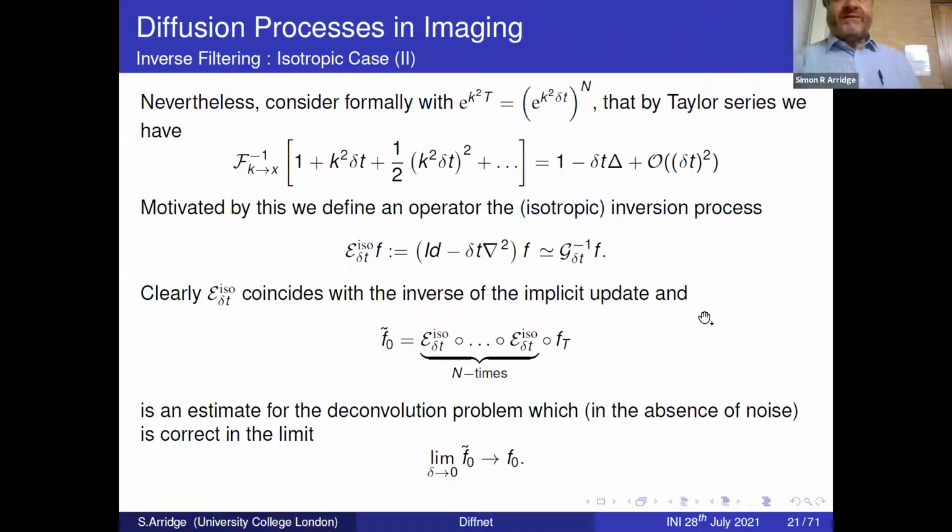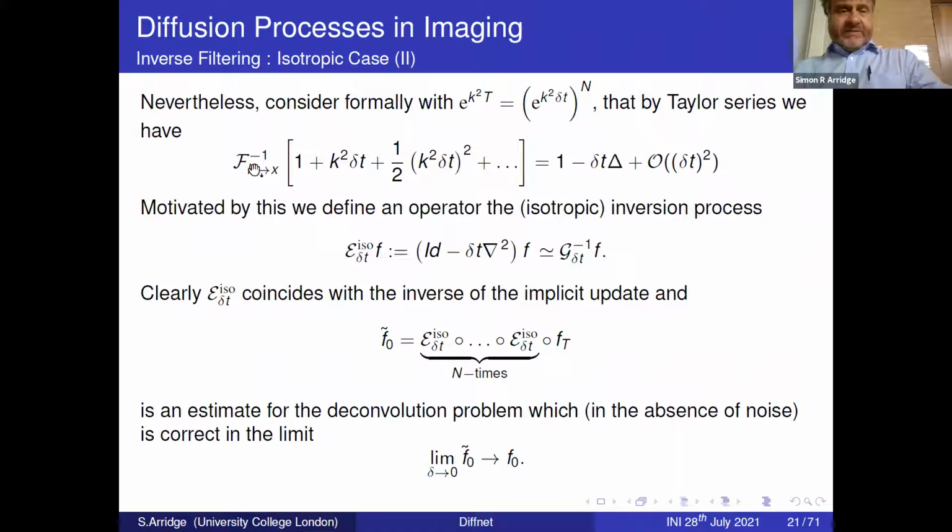But let's just proceed formally with that idea. So if we were to take the Taylor approximation of this operator in the Fourier space, and we just make some discretization in time, so we say that the final time step is the product of intervals delta t, then formally we can say that this inverse operator is the product of these incremental operators.